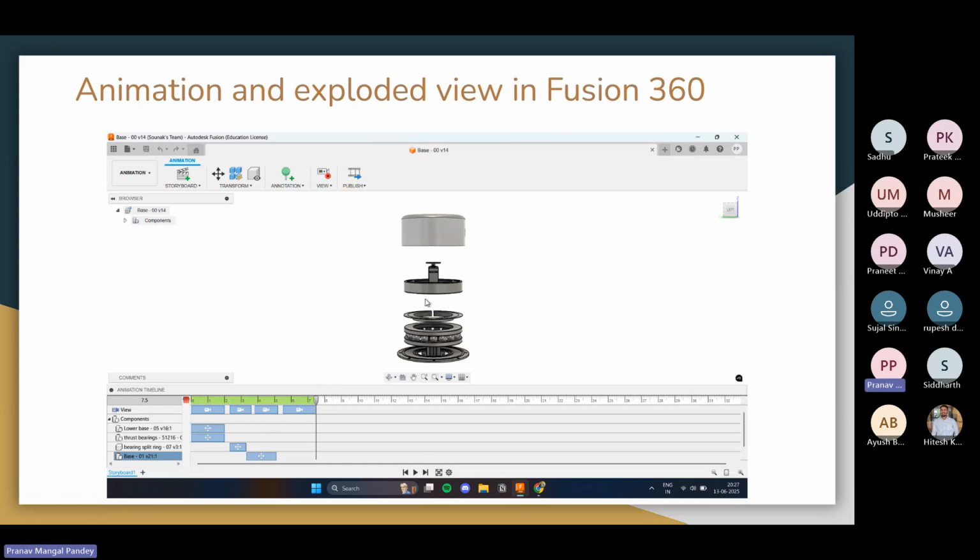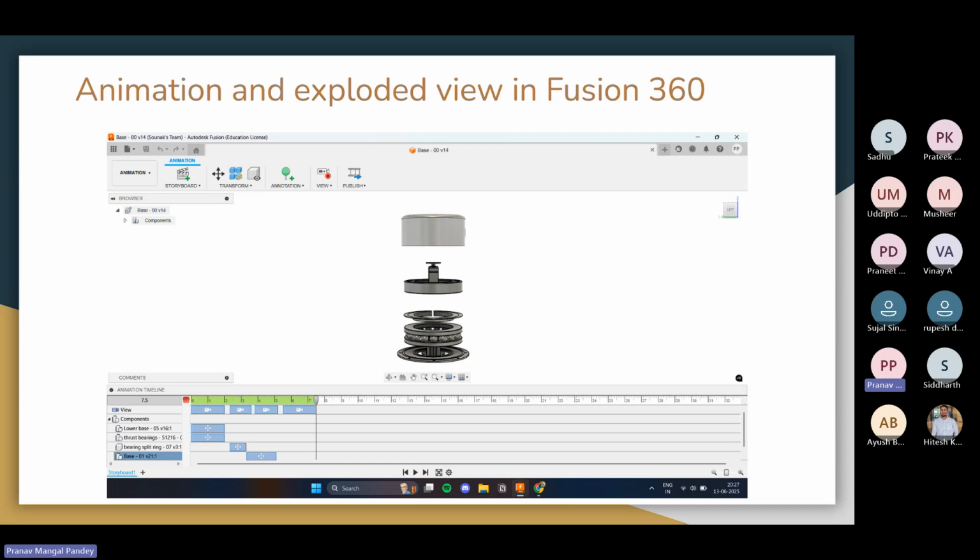And if you want to change the location of any part in the drawing, you can either explode it manually, or auto explode the whole thing completely together, or by only one layer.